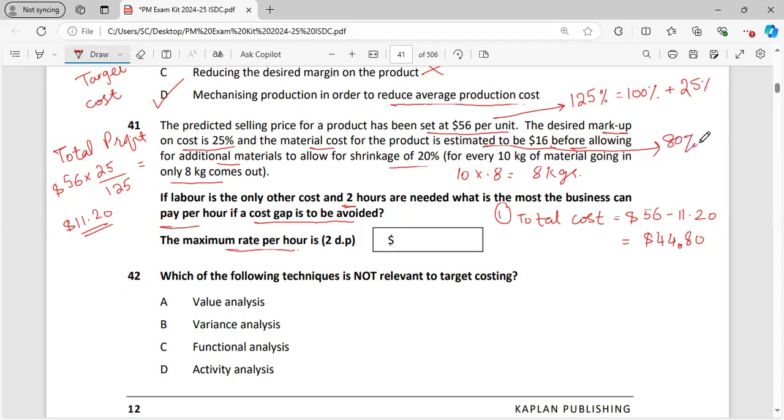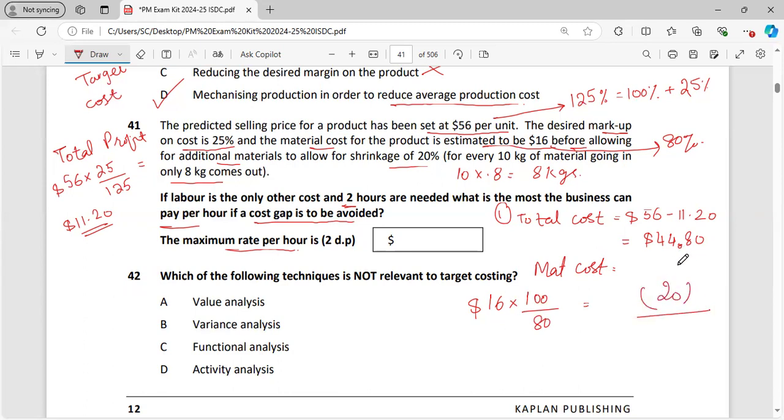So we will calculate material cost: 16 into 100 by 80. So we have material cost of 20.